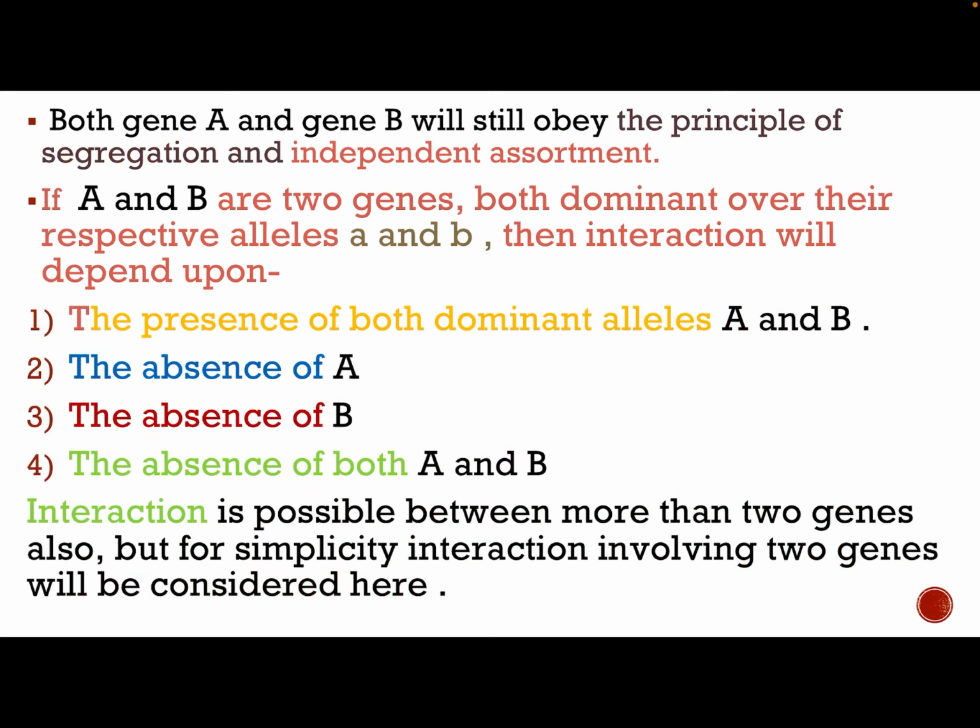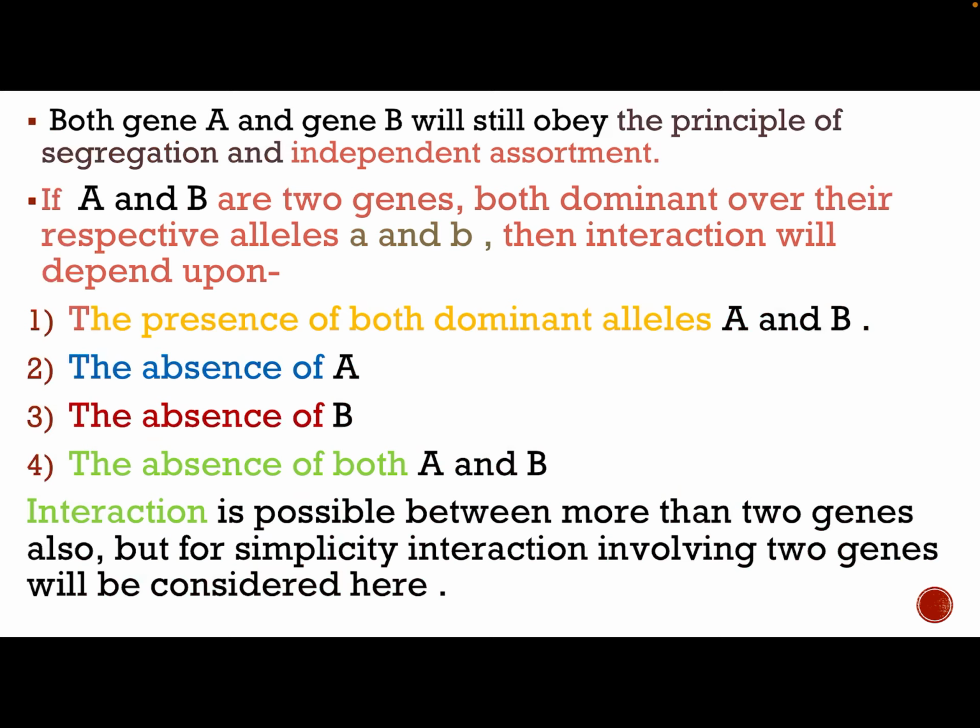Here we are taking an example. A and B are two genes controlling one particular character in one organism. Then these two genes will give four types of conditions. What are the four conditions?